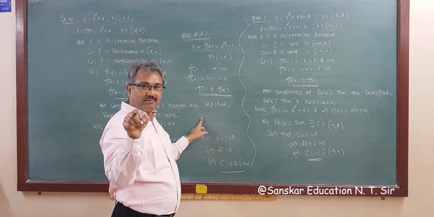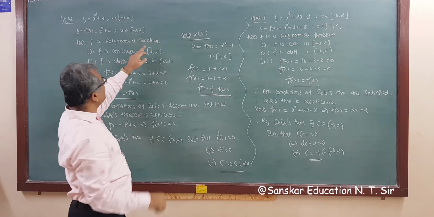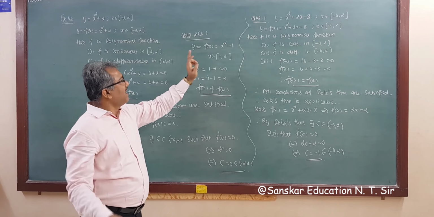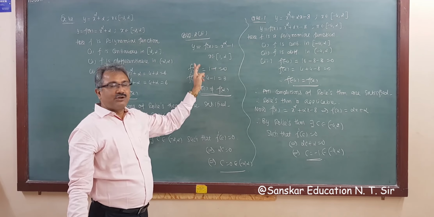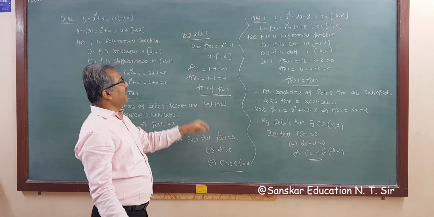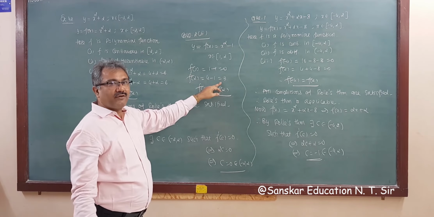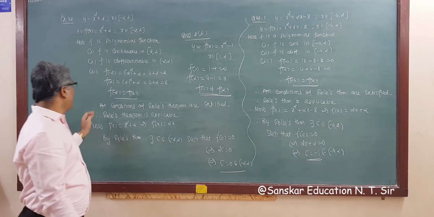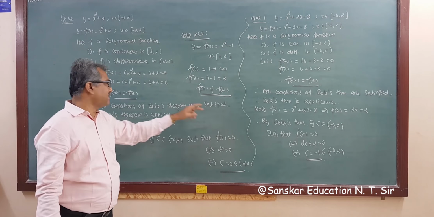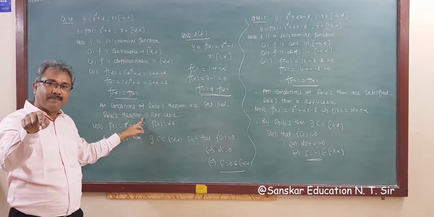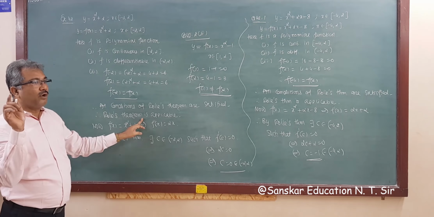You have to write it down like this: f is a polynomial function, so f is continuous in the closed interval, differentiable in the open interval, and f of 1 is equal to 0, f of 2 is equal to 3. So these are not equal, therefore all conditions of Rolle's theorem are not satisfied. Therefore Rolle's theorem is not applicable, right?